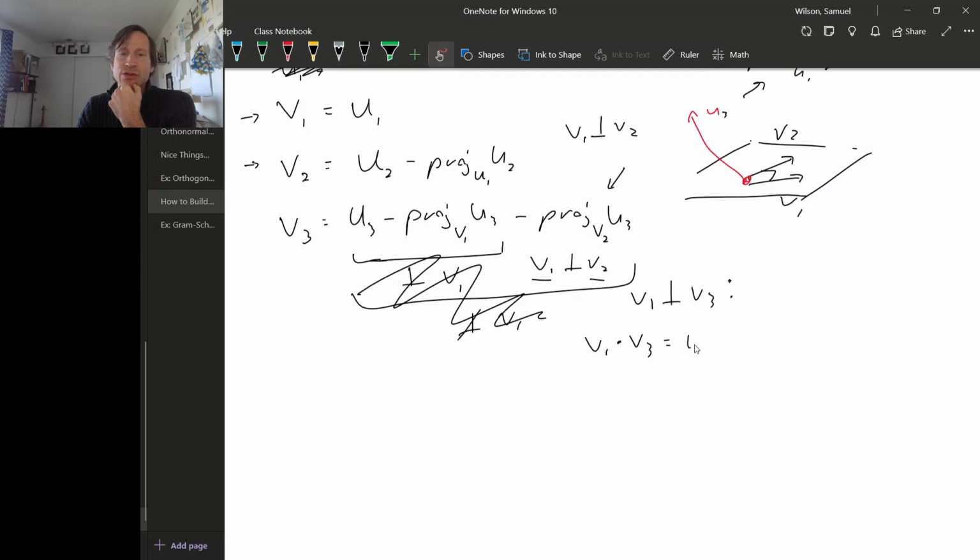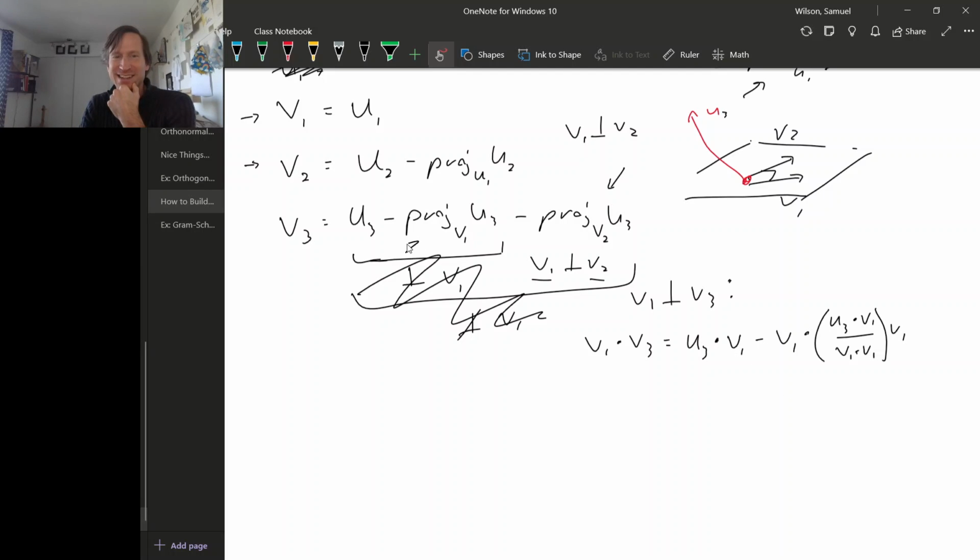is u3 dot v1 minus the projection of u3 onto v1. So v1 dot, so this projection is u3 dot v1 over v1 dot v1 times v1, right?